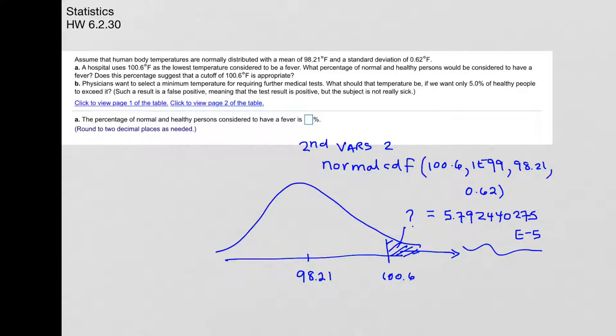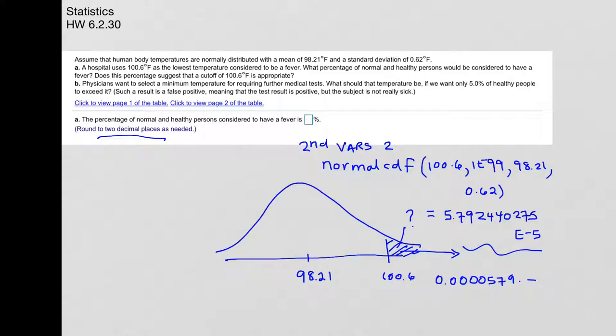We need to convert that to standard notation, which would be 0.0000579, and so on. And we want to give the percentage to 2 decimal places.